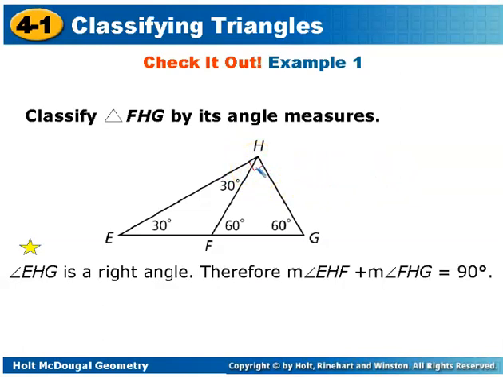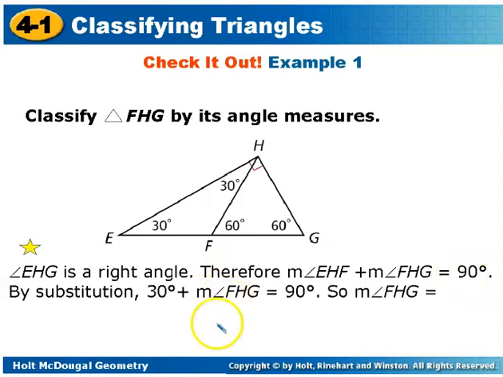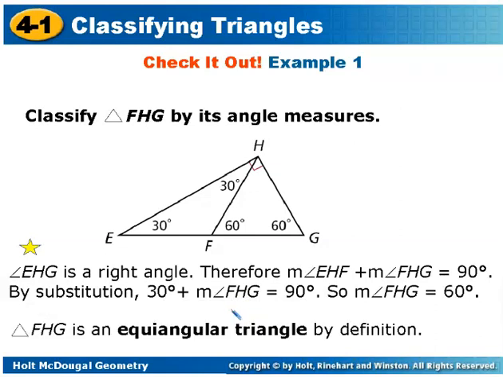So I'm going to use the complementary angle relationship, where if I add them together, they equal 90, and that's my geometric relationship. I'll do some substitution to write it as an algebraic relationship with my geometric variable, which I will again solve for, and you should get 60 degrees. So we have an equiangular triangle.